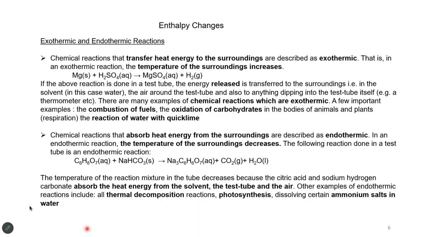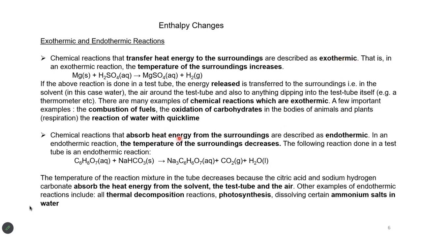Now we are going to this chapter, enthalpy changes. We have chemical reactions, and if we classify them energetically, we call one exothermic reaction and another endothermic reaction. Heat energy transferred to the surroundings is described as an exothermic reaction.